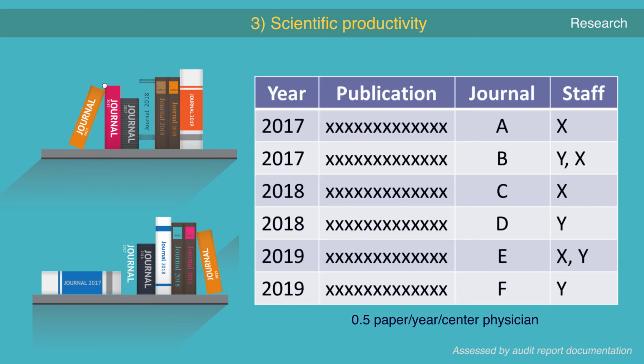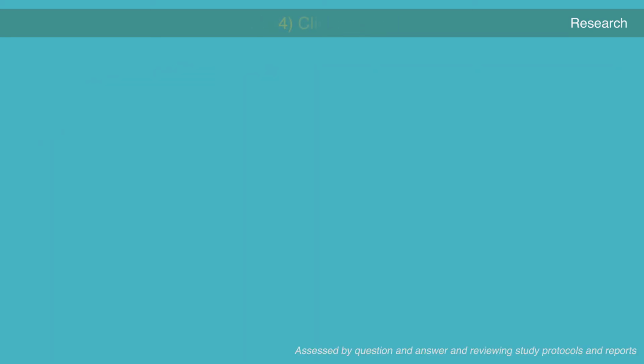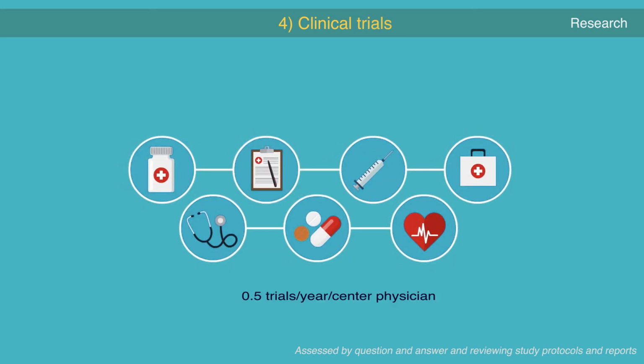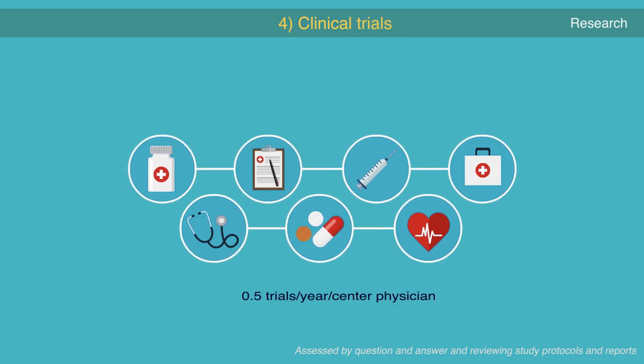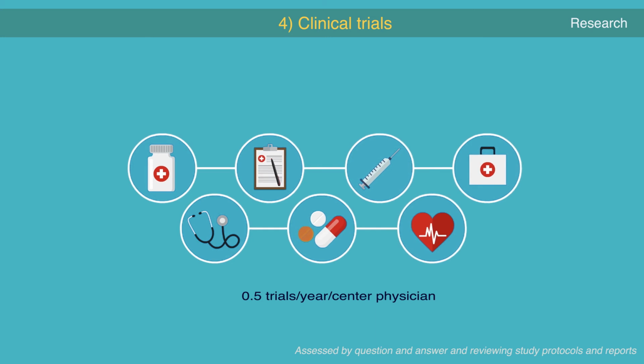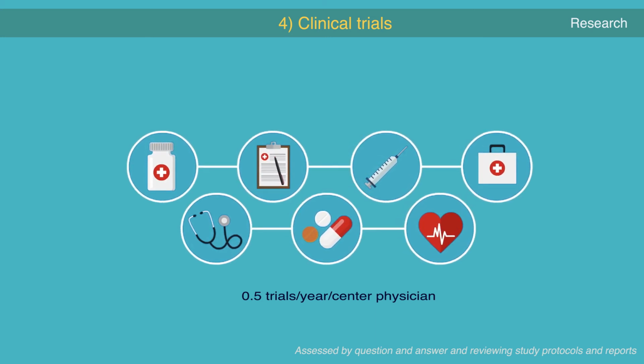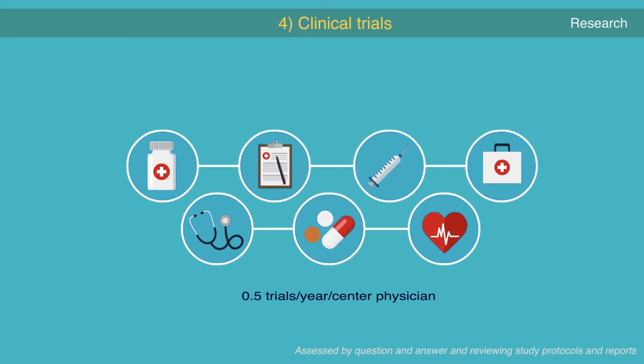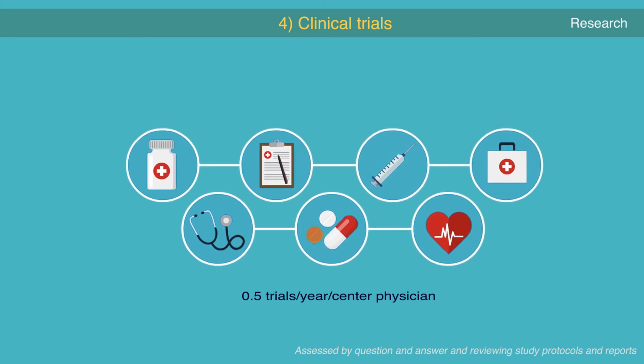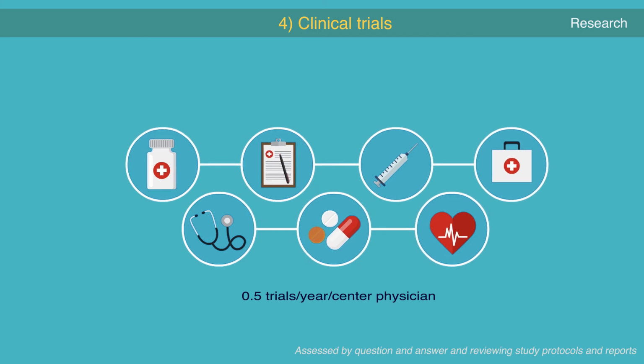Centres need to show that their research activities result in publications and other scientific output, at least 0.5 peer-reviewed papers on urticaria per year per centre physician. Number 4. Clinical trials. Centres need to participate in clinical trials, pharma and/or investigator-initiated, diagnostic and/or therapeutic trials, at least 0.5 trials in urticaria per year per centre physician.